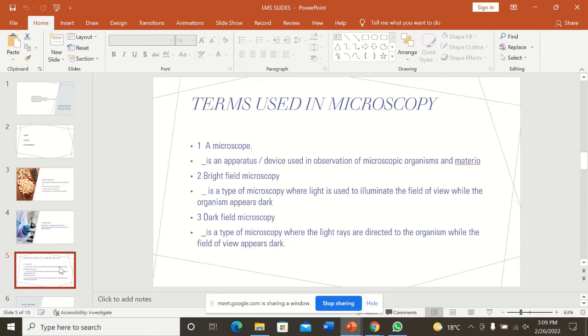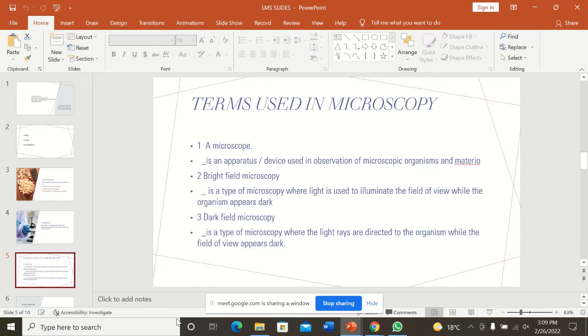Riziki, can you try dark field microscopy? Yes, that is right. Dark field is a type of microscopy where the light rays are directed to the organism while the field of view appears dark.